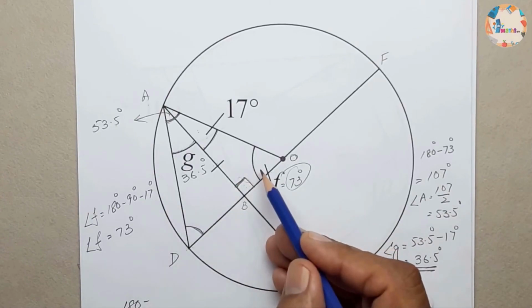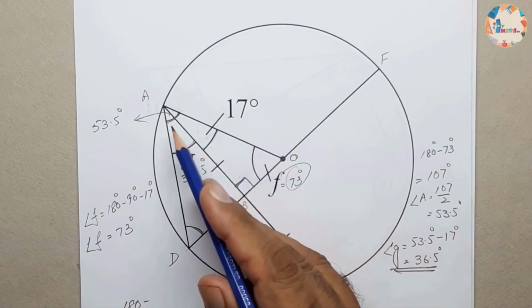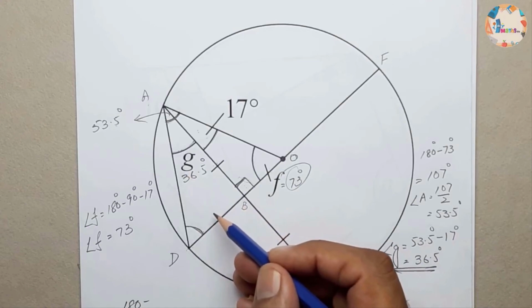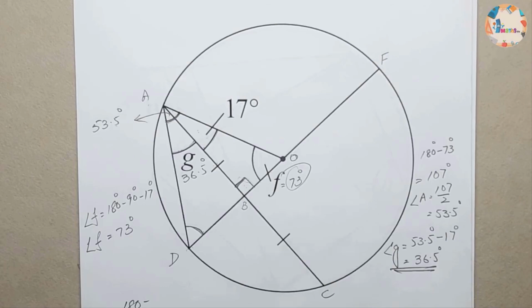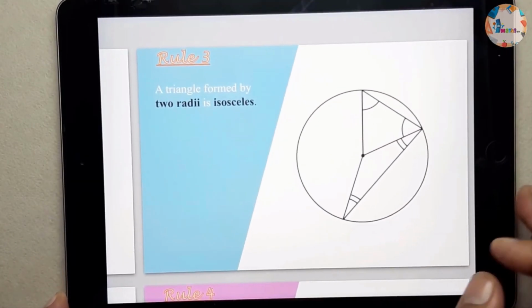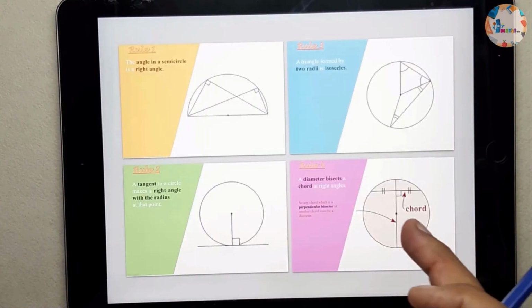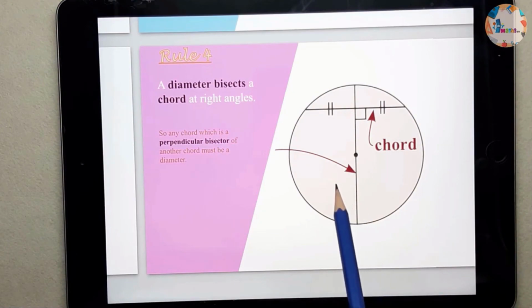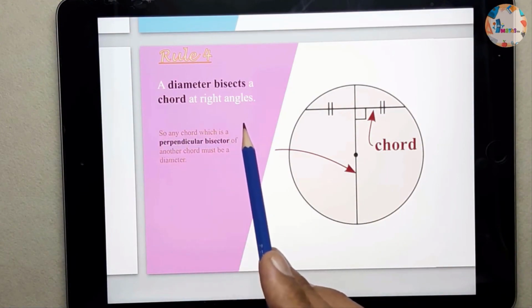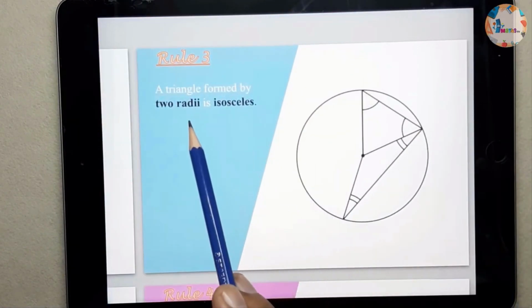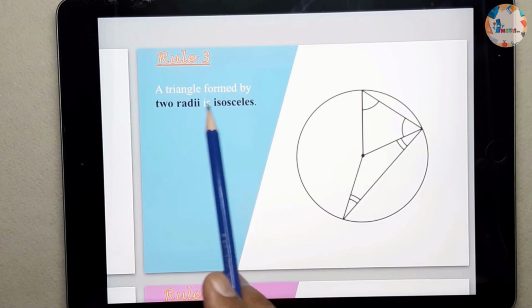The second rule is that two radii of a circle make an isosceles triangle. Let us see those rules again. The first rule, which we implemented in this question, is a diameter bisects a chord at right angles. The second rule, which we applied in this triangle, is a triangle formed by two radii is an isosceles triangle.